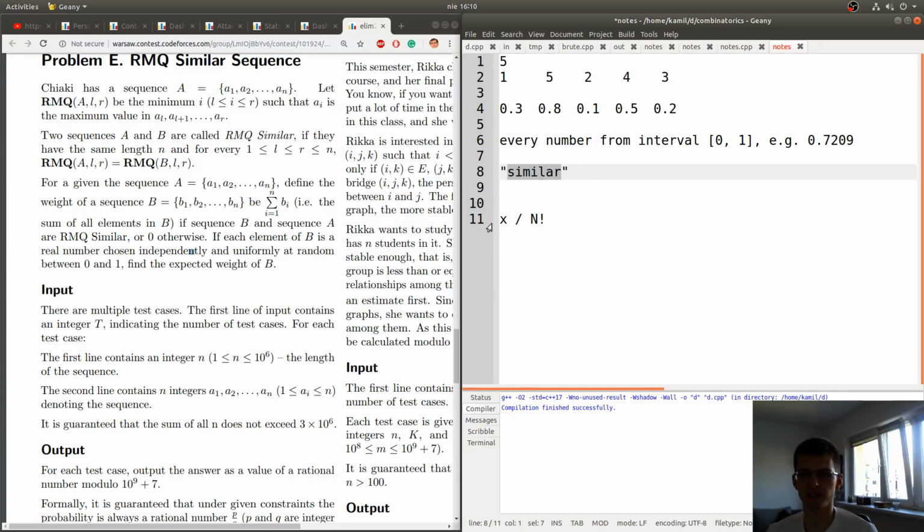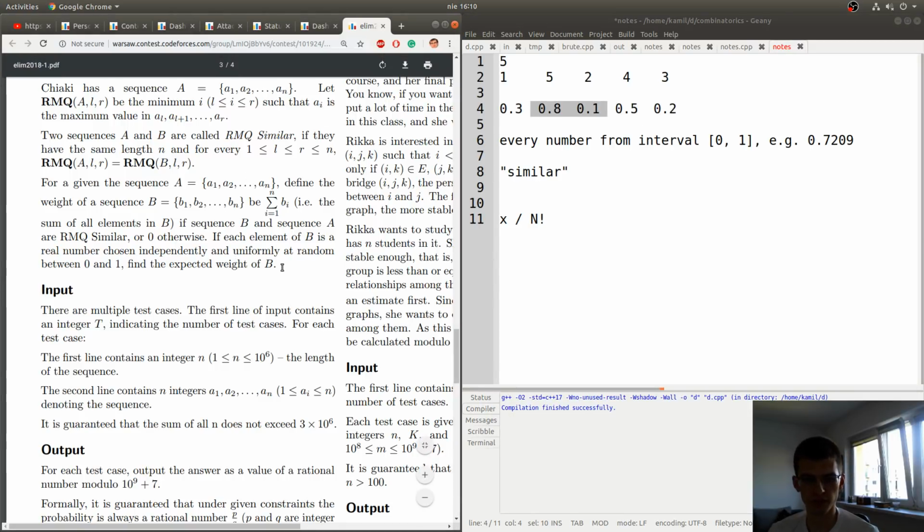Similar means for every interval of indices, if we find the biggest number in the first sequence and also the biggest number in the same interval here, we will find the same place. And you have the formal statement here on the left.